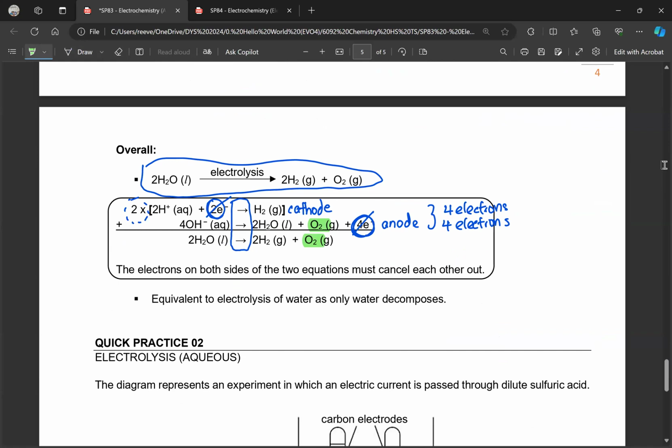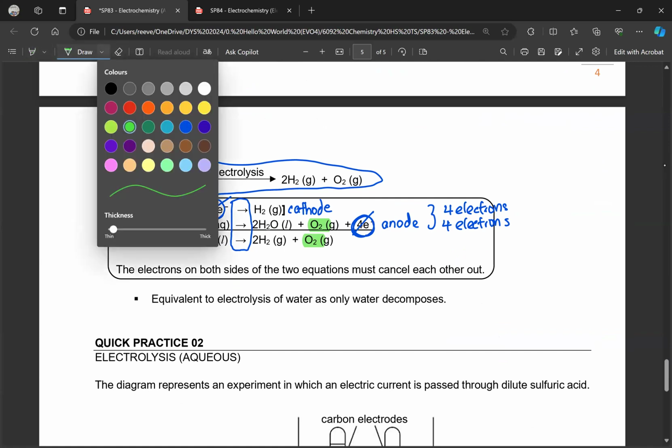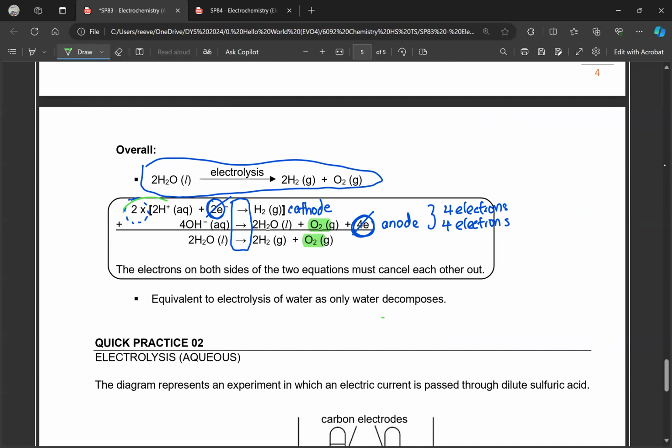Then this is the complicated part. Let me change my color. This one means got 4H plus. Correct or not? This one means got 4 OH minus. So the total is 4H2O. So on my left hand side I have 4H2O.